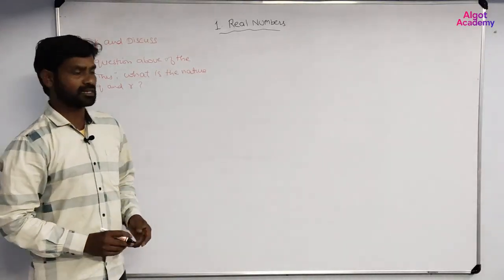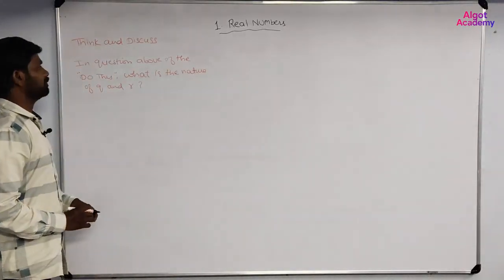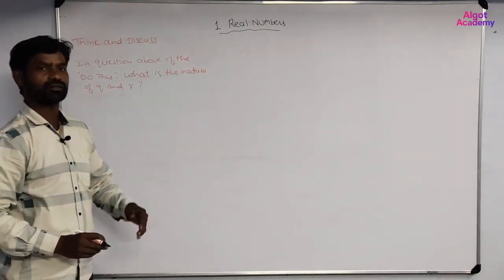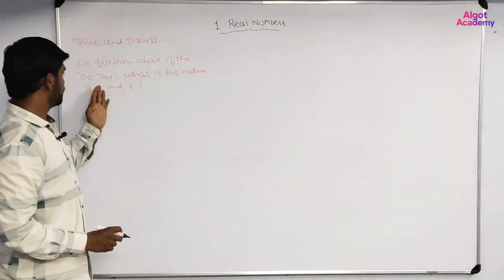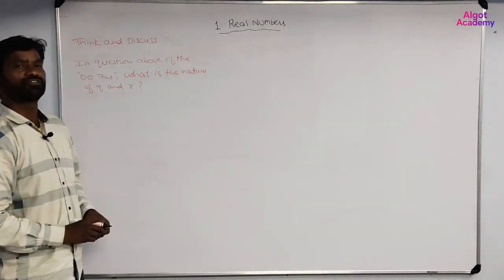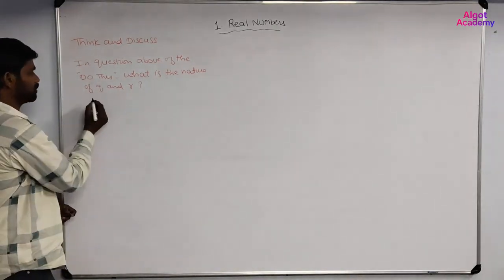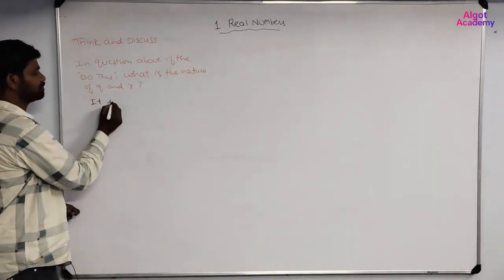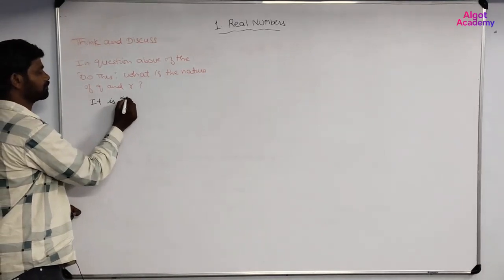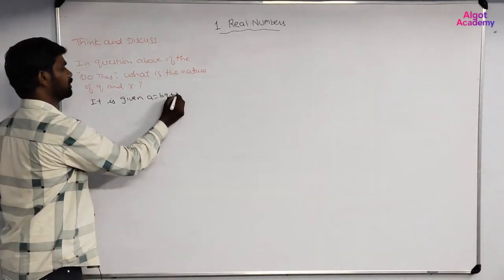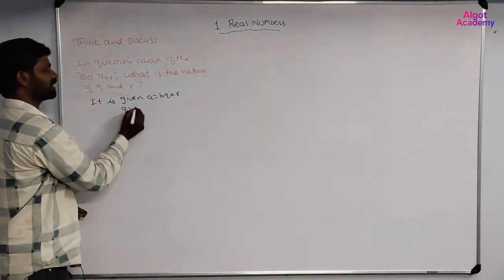Next, think and discuss. Just now we solved the questions of Do This. In those, what is the nature of Q and R? It is given that A is equal to BQ plus R and Q is greater than 0.